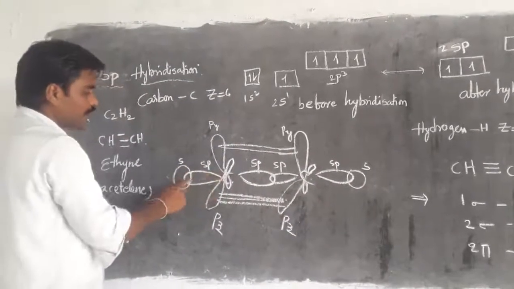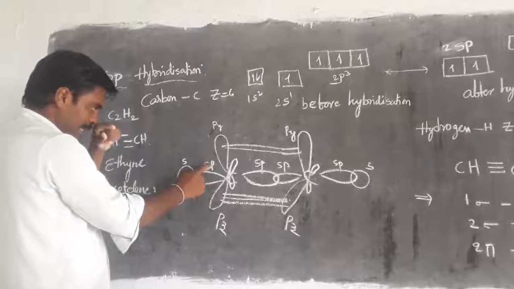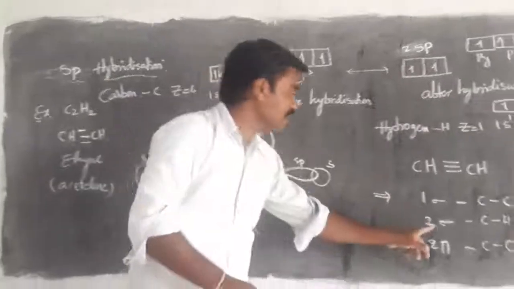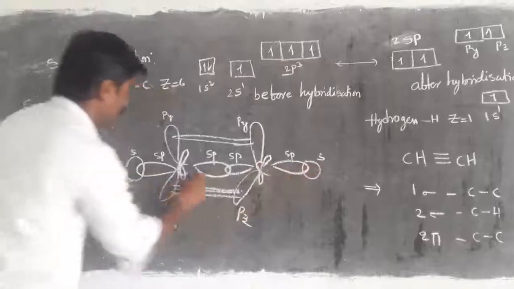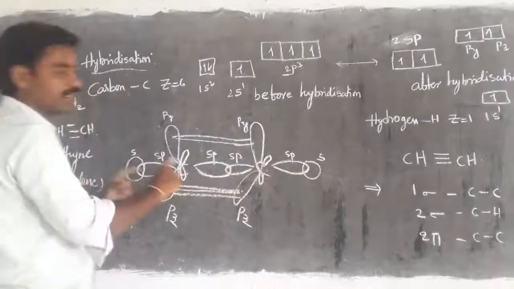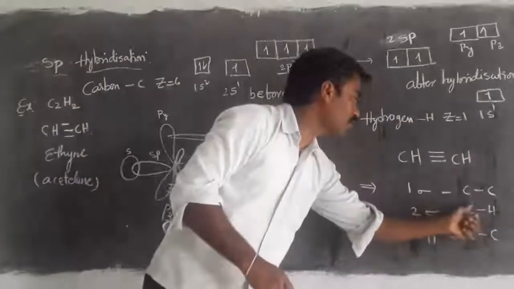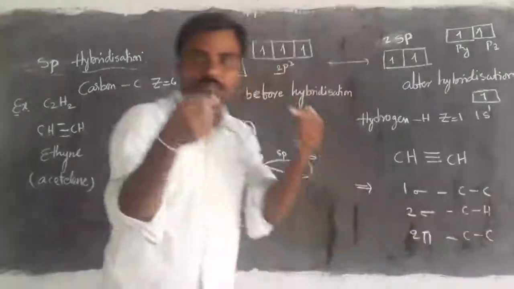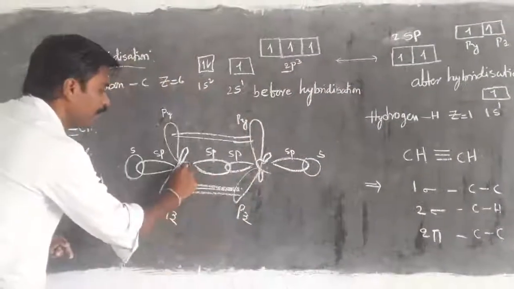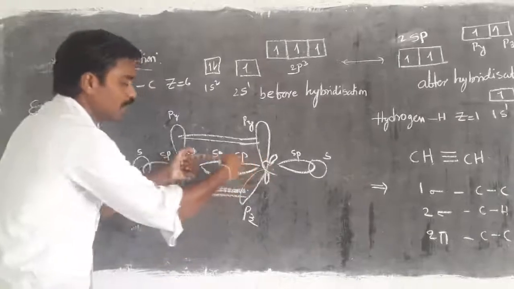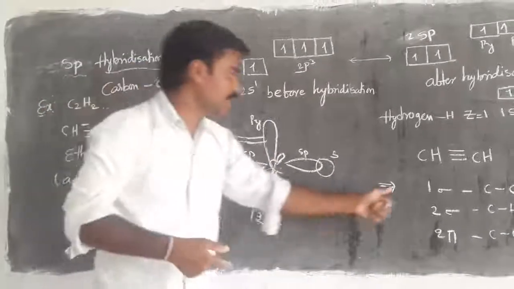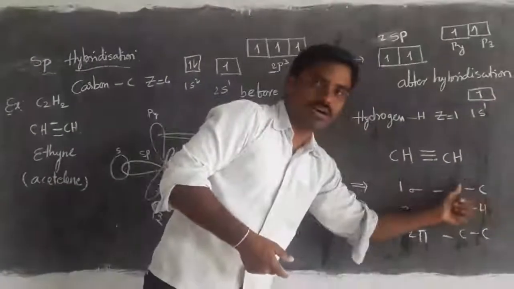The type of sigma bond is sp-s. Here there are two sigma bonds, one carbon with hydrogen and one carbon with hydrogen, between carbon and hydrogen. Then between carbon and carbon, sp and sp hybridization means two orbitals overlap end to end, which is one sigma bond between carbon and carbon.